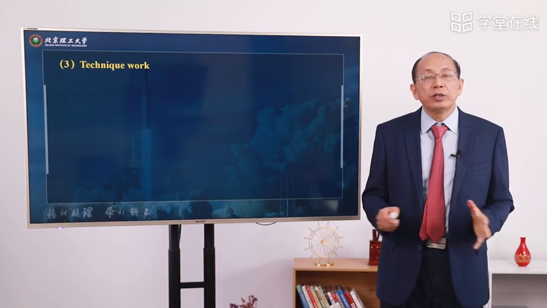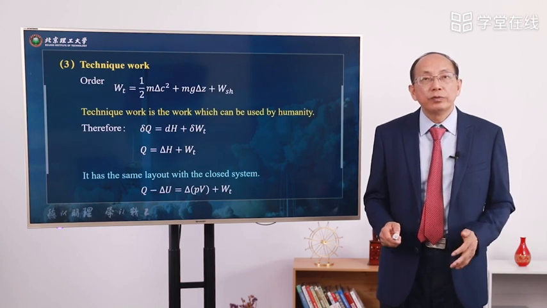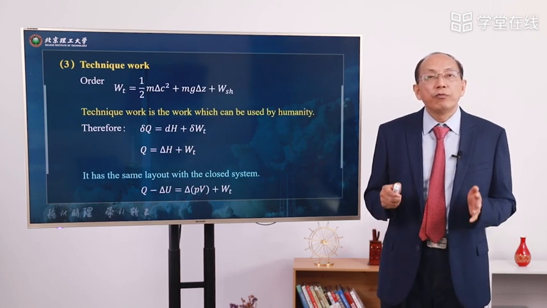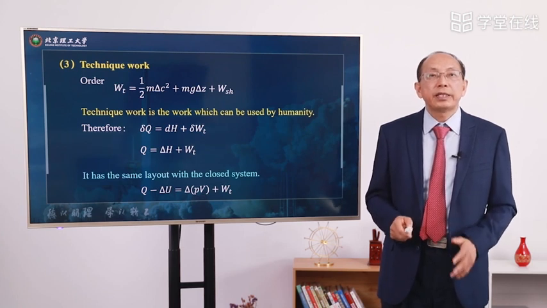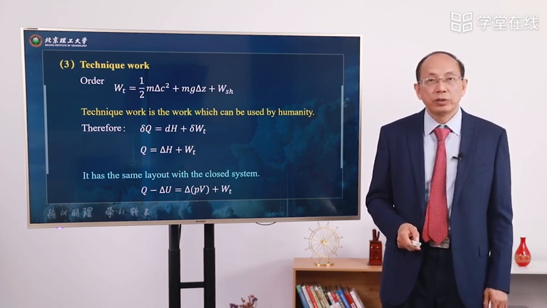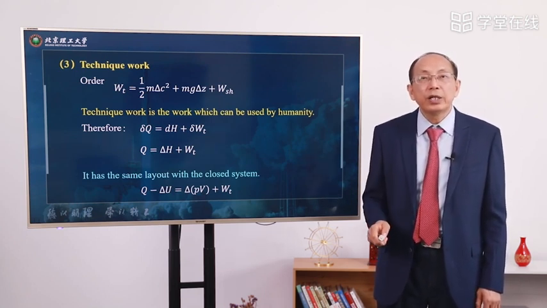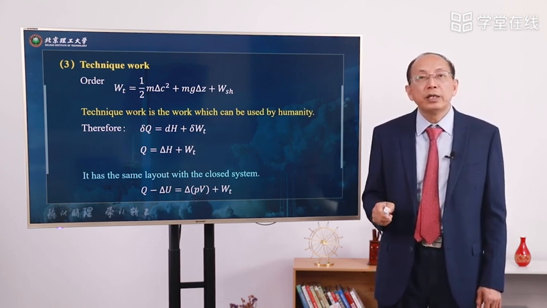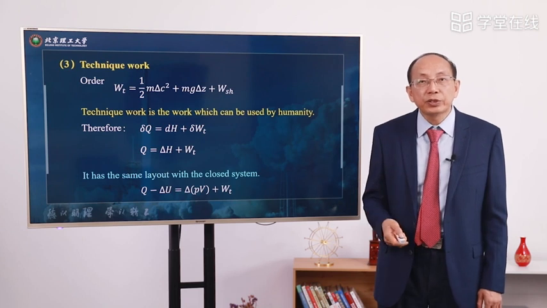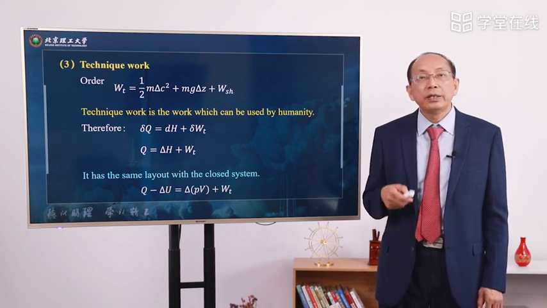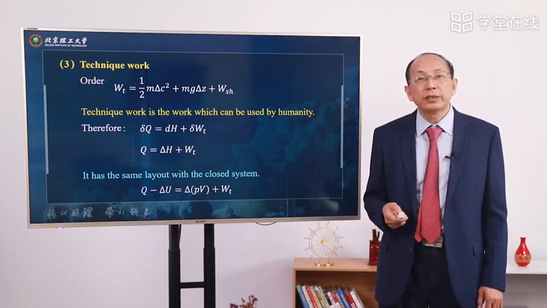Because this equation is still very long, here we introduce another concept, technical work. We find the potential energy, kinetic energy and useful work, these three terms can be used as work in technique.